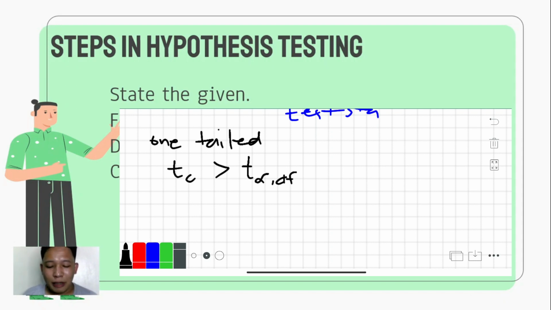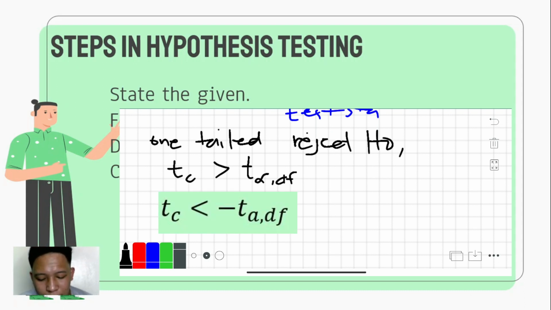So, kapag one-tailed tayo, we reject H0. Kapag positive yung T computed, ibig sabihin dapat greater siya dun sa positive t-value or t-tabular. Pero kung negative naman yung t natin, ibig sabihin kailangan less than siya. Ito mahahanap natin sa table natin. So i-reject natin yung H0 kapag ganito.